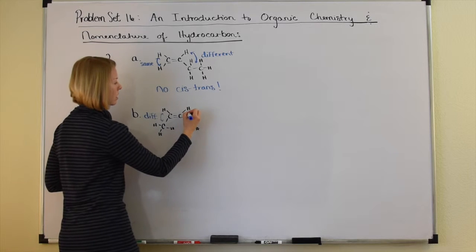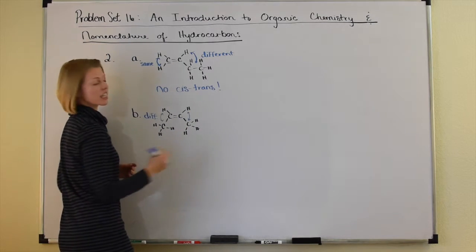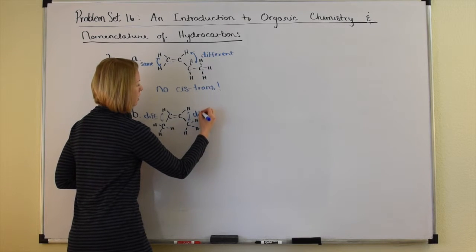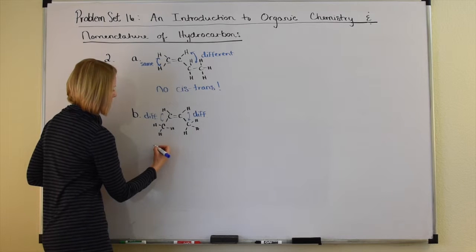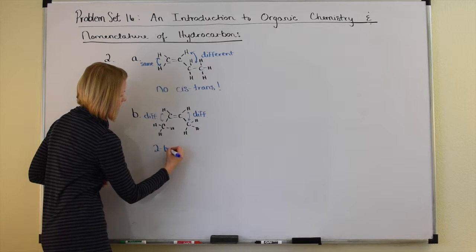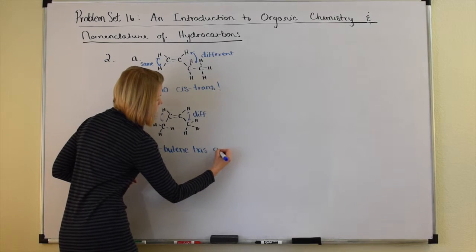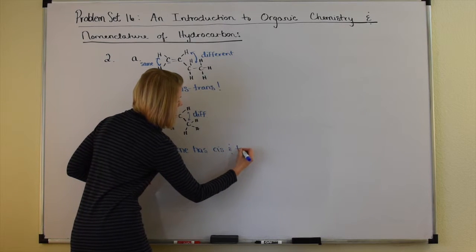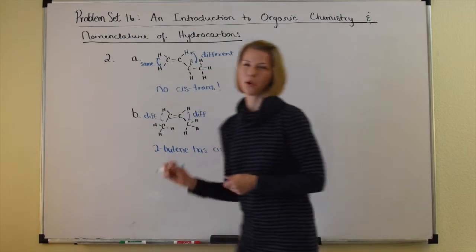Over here, a hydrogen, again, is different than a CH3. So both sides are different. That means that 2-butene has a cis and a trans isomer. Okay, that means we need to draw both.